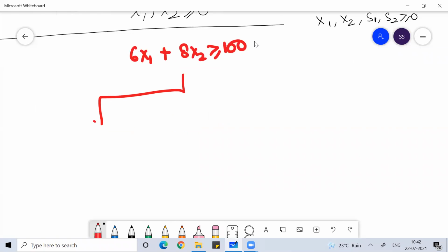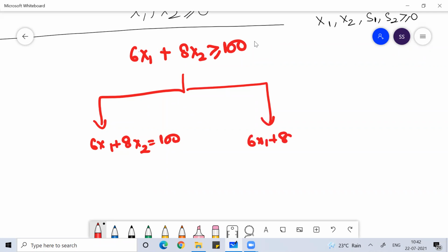This means that 6x1 + 8x2 is either equal to 100 or 6x1 + 8x2 is greater than 100. If it is equal to 100, then there is no problem, and your dummy variable will be 0. Ultimately we are trying to make LHS equal to RHS.